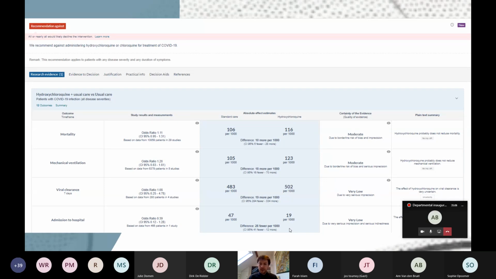In addition, and this is not something that I have projected, we also need to have an idea what the practical implications are of certain interventions. And this could be important. I was involved in a guideline on, for instance, the use of diagnostic testing in patients who are suspected of having gout.